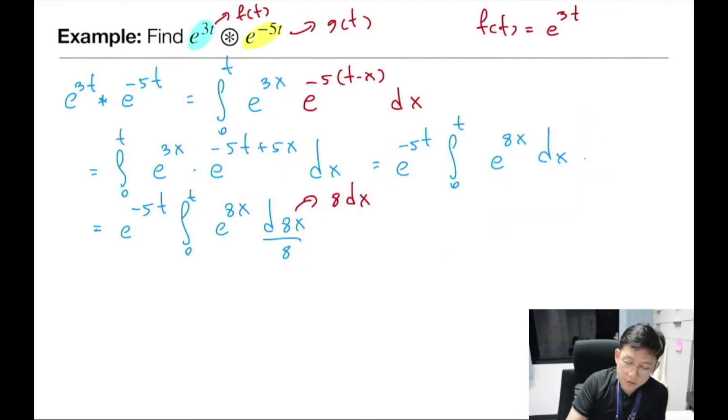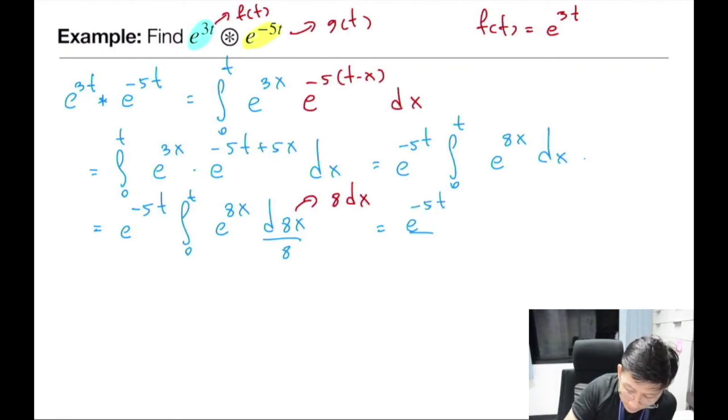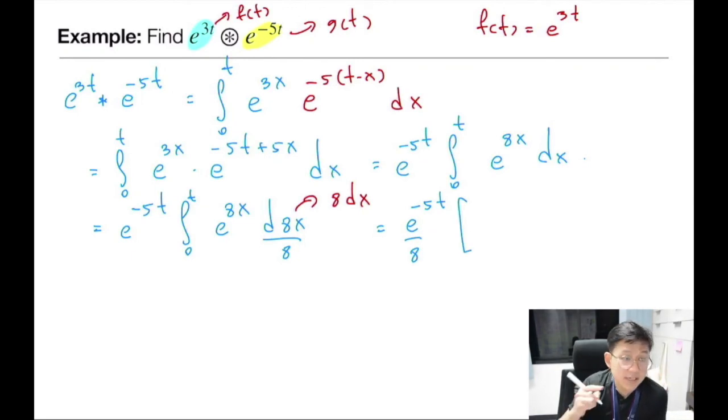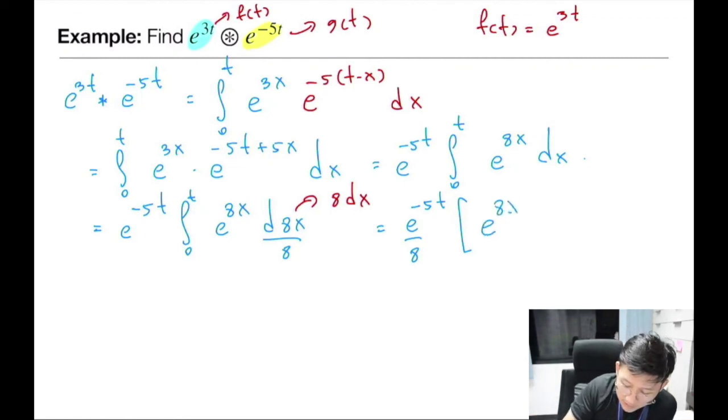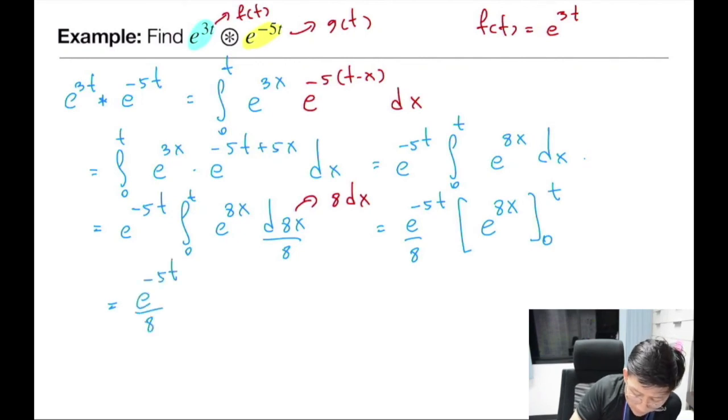So here it is e to the minus 5t divided by 8, and the integral of e to the 8x, that will be e to the u du, right? So you get e to the 8x from 0 to t. So what you have is e to the minus 5t divided by 8 times (e to the 8t minus 1).